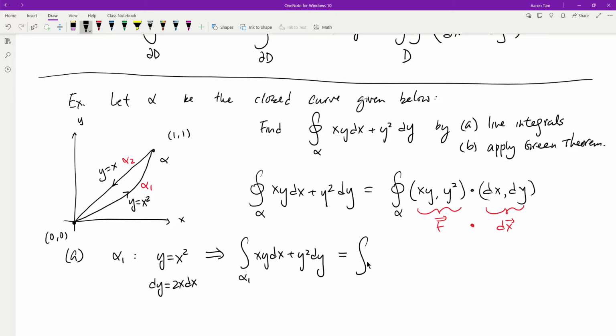So now I can change my integral into just x and dx, which would be the integral from 0 to 1, as the x value goes from 0 to 1, of x times x squared dx plus x squared times 2x dx.